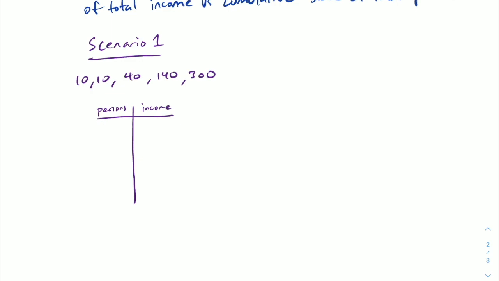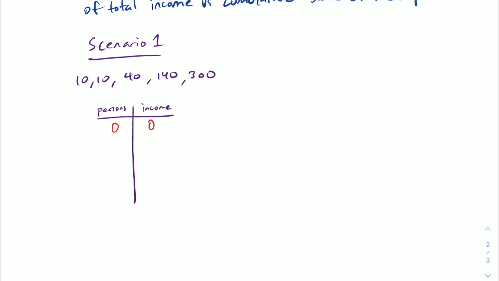All right, so now we're going to go from left to right through these people and figure out how many people we have each time we go over a person, and then how much income we have as we go over each person. So at the very beginning we're here, and there's going to be no persons and no income.